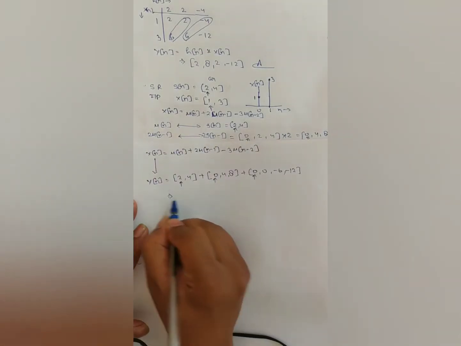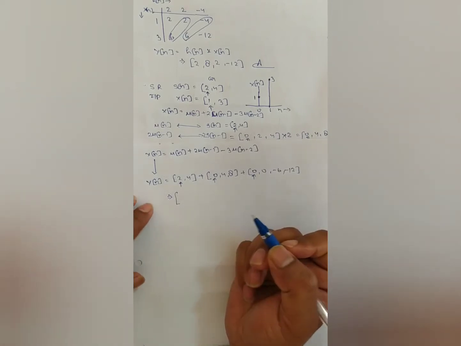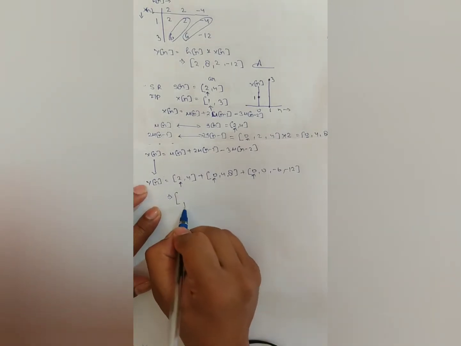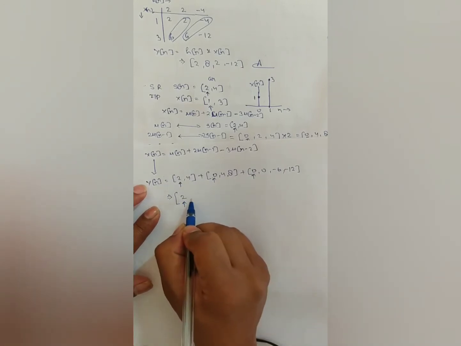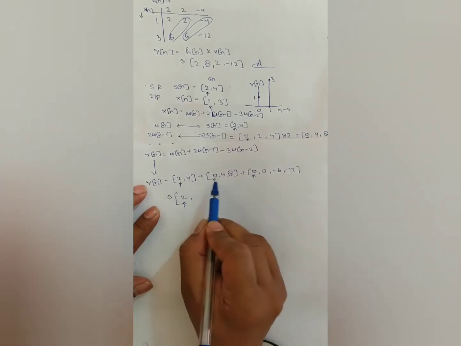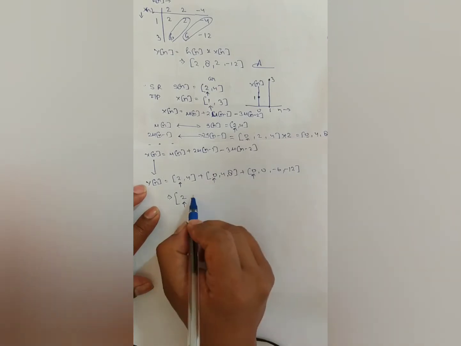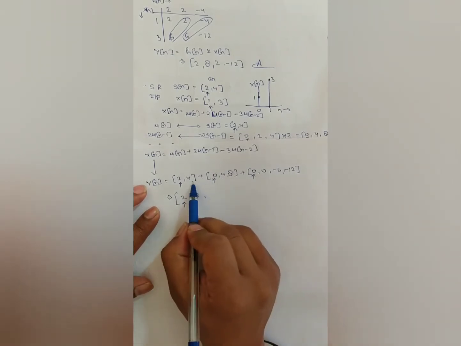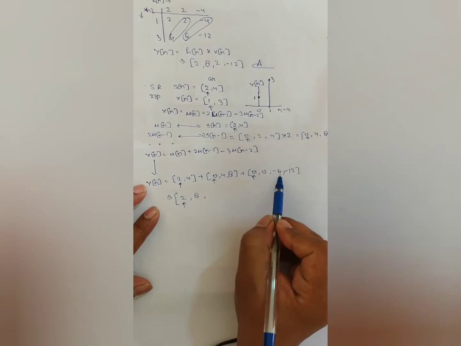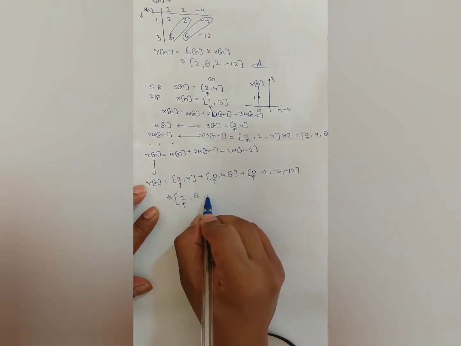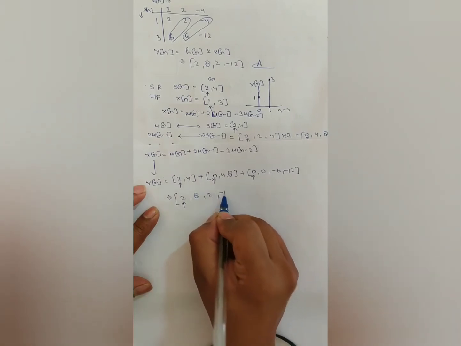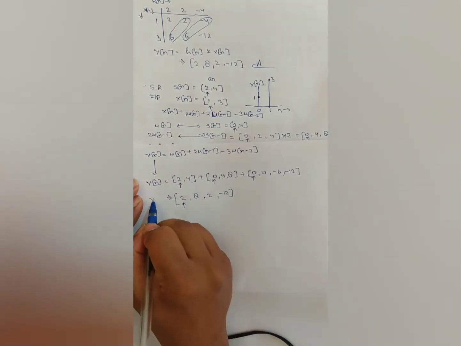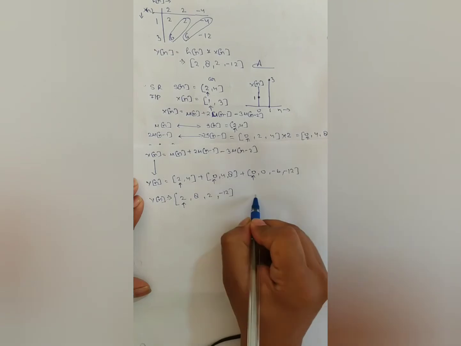If we add all the signals with their respective positions: 2, then 4 plus 4 plus 0 becomes 8, and here is nothing, then 8 minus 6 equals 2, then 0 minus 12 equals minus 12. This is y[n] of the system.